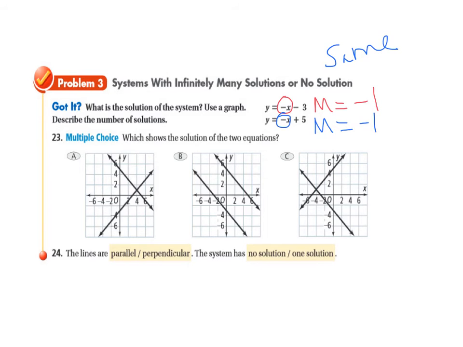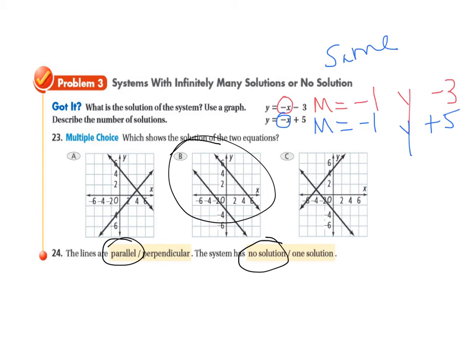And now we're going to compare our y-intercepts. This one has a y-intercept of -3. The other one has a y-intercept of +5. So same slope, different y-intercept. That means the lines have to be parallel. And if the lines are parallel, that means there is no solution. And the only choice we have here is B. It's the only one with parallel lines.